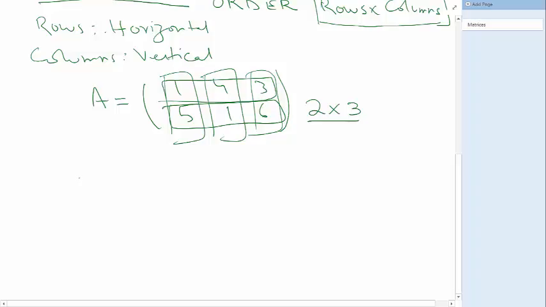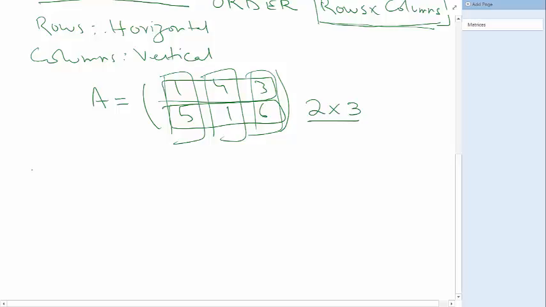This key identifier is very important when we start discussing operations on matrices and different applications of matrices. So I will request you to please remember the key identifier, which is the order, and how to write the order of a matrix: it is always in the form of rows cross columns.